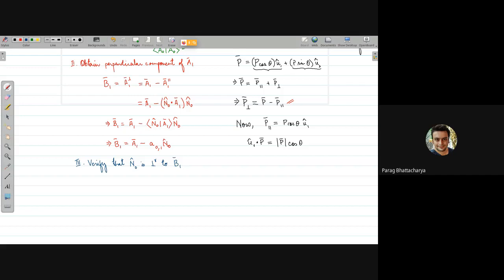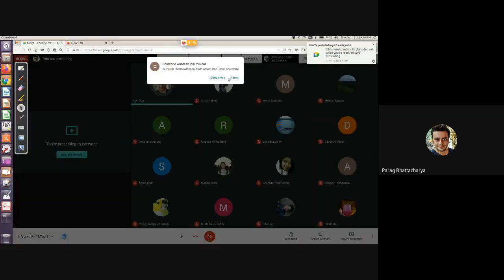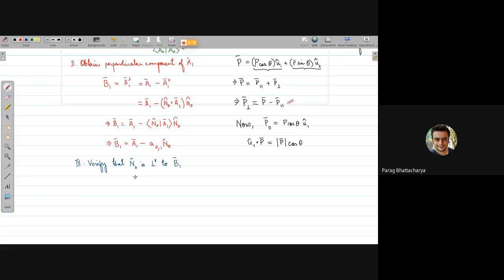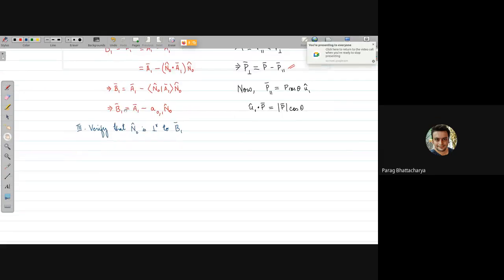We have to verify, because what we have done, is it correct or wrong? How do you verify whether something is perpendicular or not? Just take the dot product, that's all. So you take the dot product of n naught cap with b1.